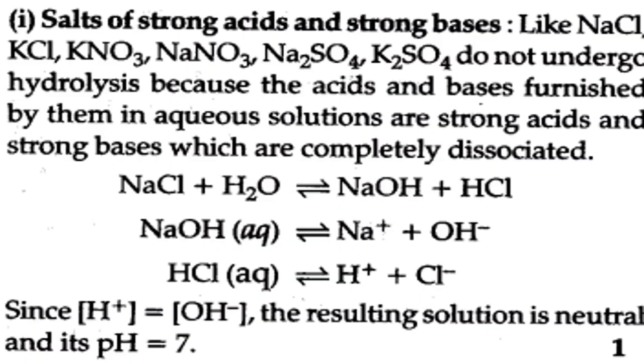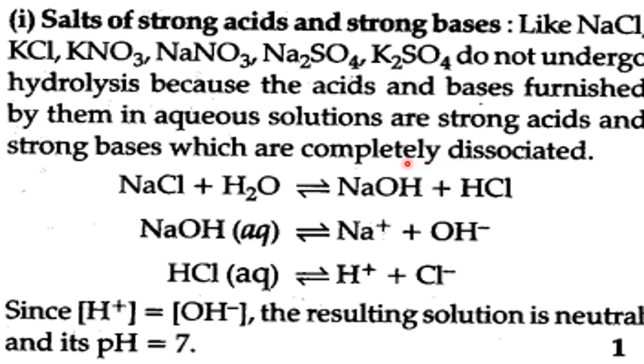Now, salts of a strong acid and a strong base are neutral. Examples: NaCl, KCl, KNO3, NaNO3, Na2SO4, K2SO4. They do not undergo hydrolysis because the acids and bases furnished by them in aqueous solution are strong acids and strong bases, which are completely dissociated.